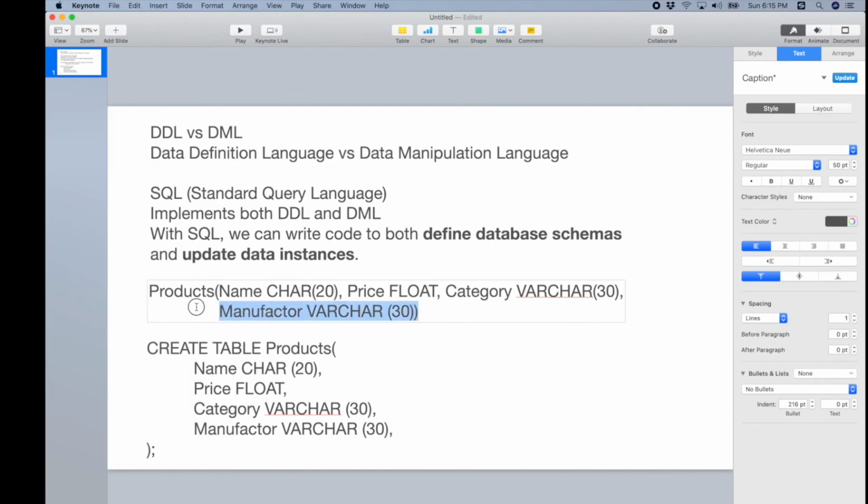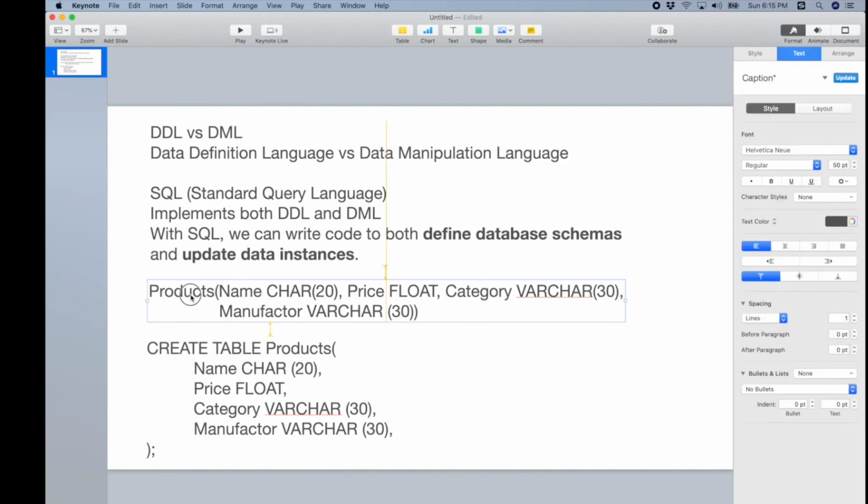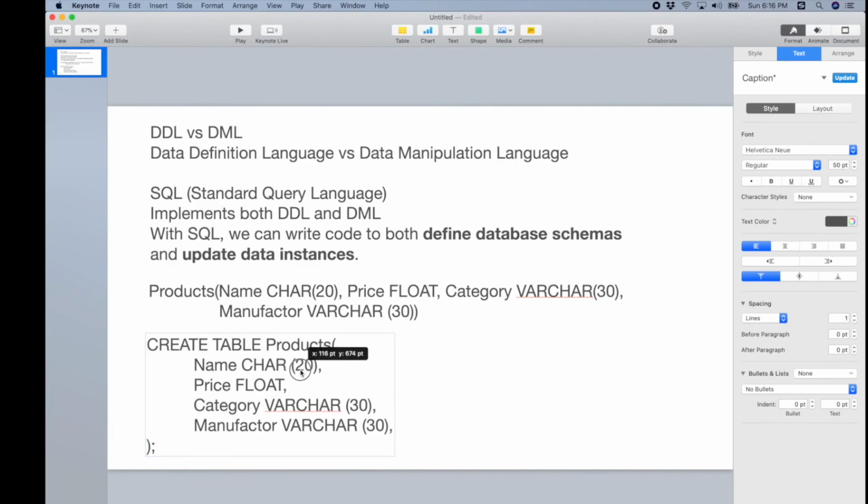So we're declaring one relation like this. However, once we are working on a database system with SQL, we can declare this relation as a table instead. We can do so by creating a table, product. This is the product name, the relation name, followed by a bunch of attributes, right? So these two are equivalent. This one is in the relations. This one is in the SQL code. It declares one schema for the relation into tables inside our database systems.